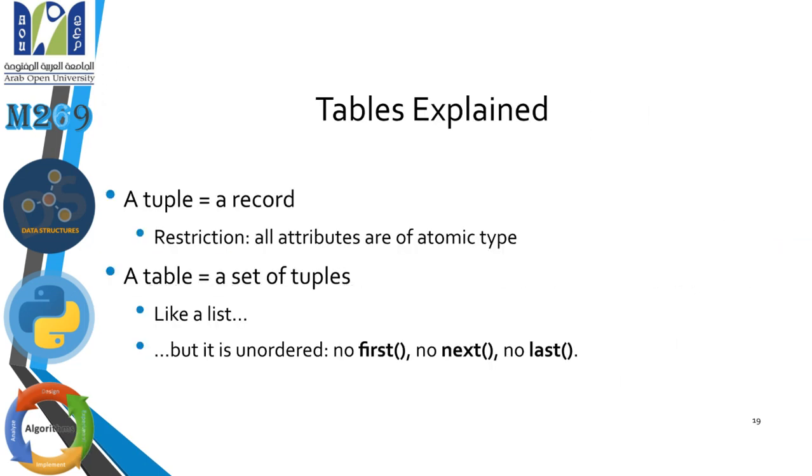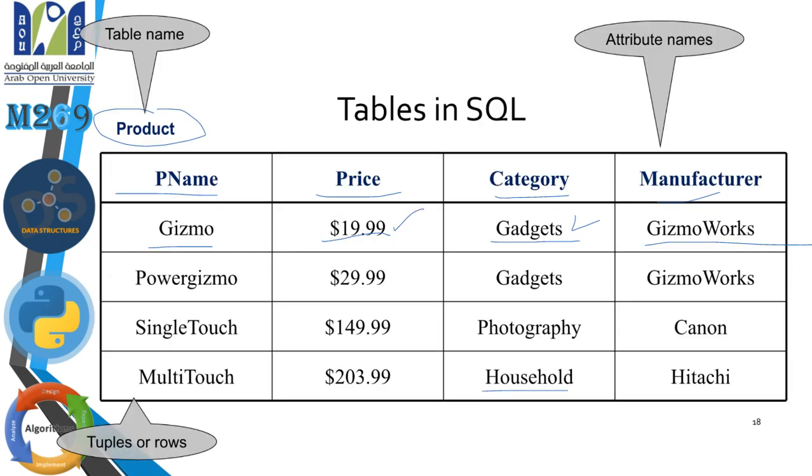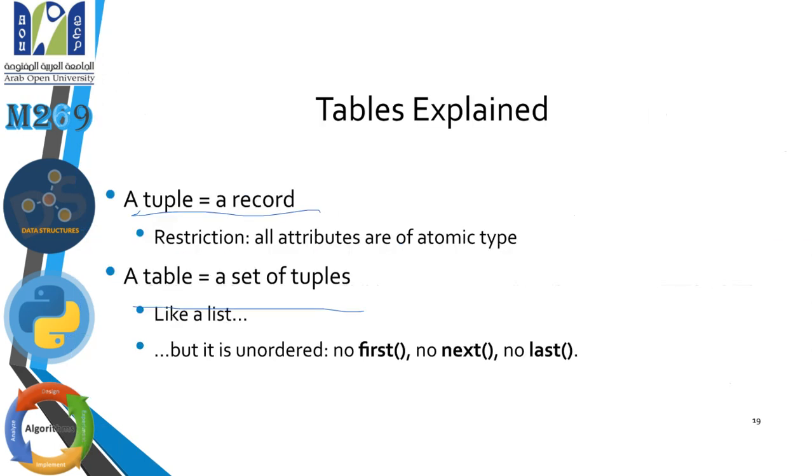The tuple is a record in a table, and the table is a set of tuples. So this one is called a tuple, another tuple, another tuple. The list of all tuples is called the table, meaning tuples or rows.